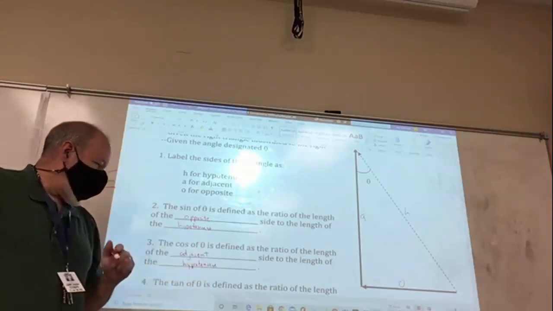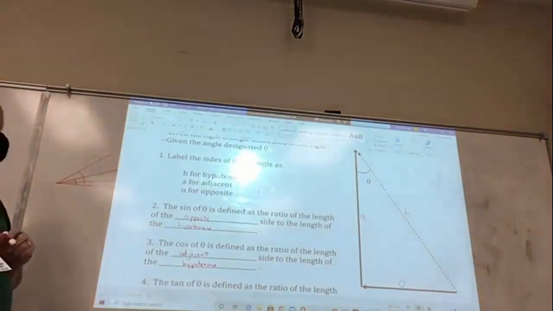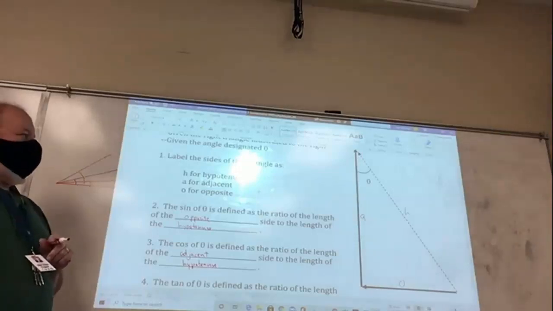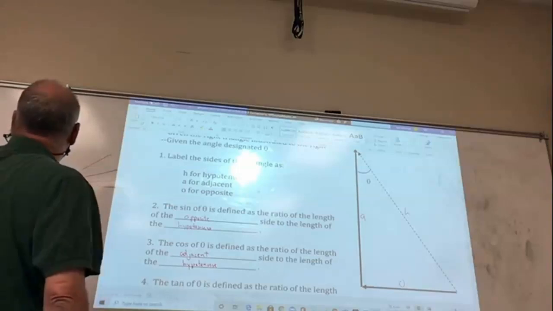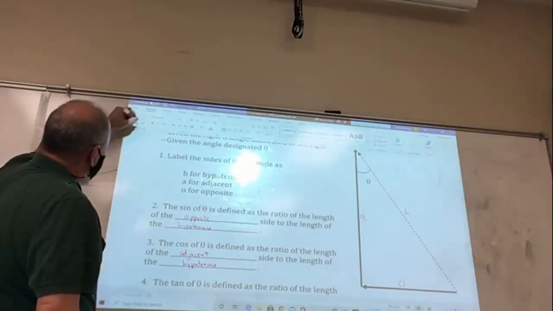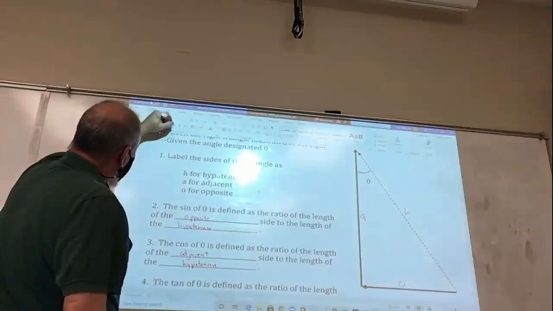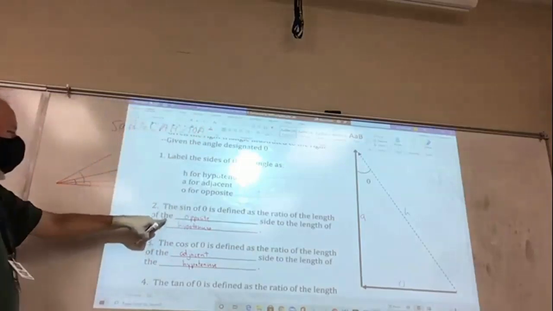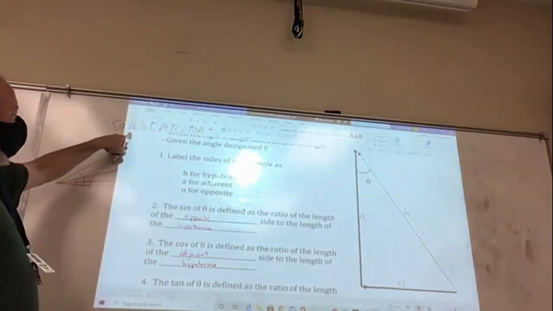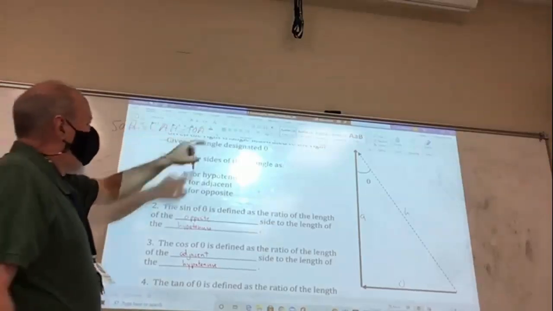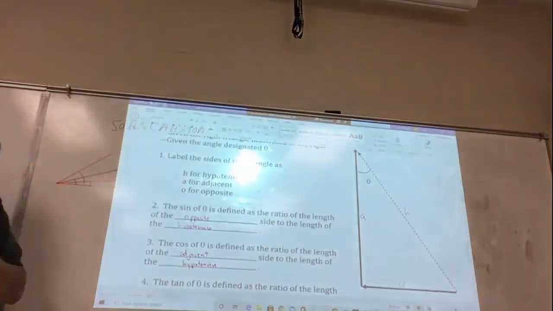And then the tangent is the opposite compared to the adjacent. And then just so we can never forget it, we have this wonderful mnemonic called SOHCAHTOA. Sine opposite hypotenuse, cosine adjacent hypotenuse, tangent opposite adjacent.